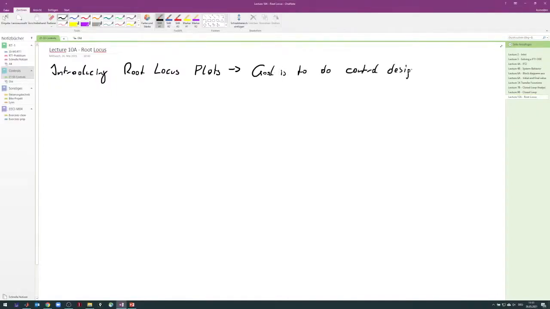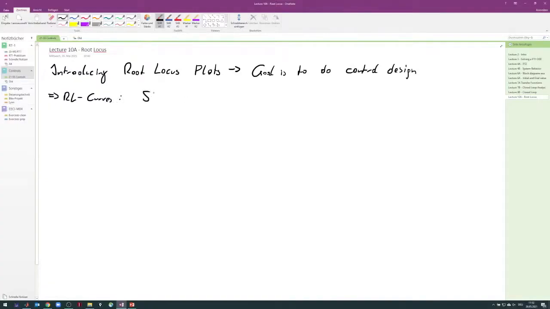We discussed some rules, how actually the root locus curves can be drawn, right? So what are these root locus curves? Root locus curves or plots, it's basically the same.